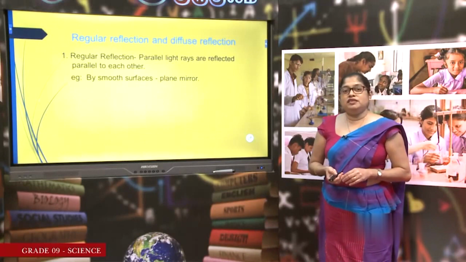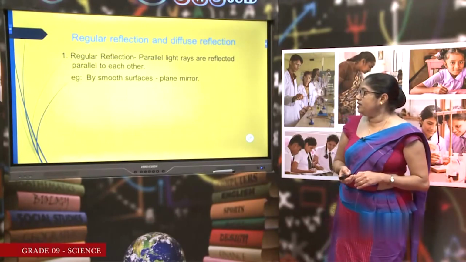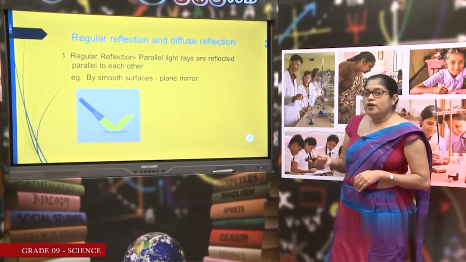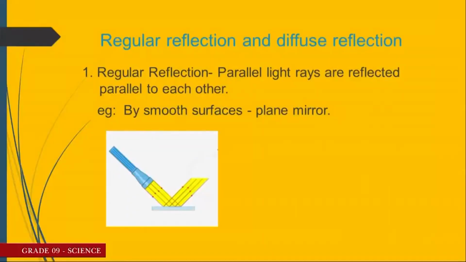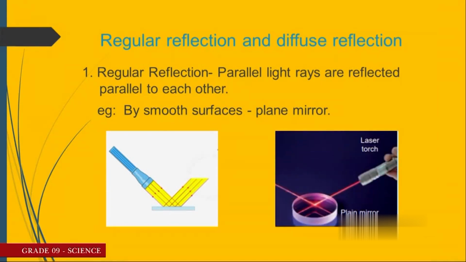Regular reflection is done most of the time by smooth surfaces, for example, a plane mirror. You can see a beam of light directed at a plane mirror is reflected as a parallel beam of light. This is an example showing regular reflection by a plane mirror.